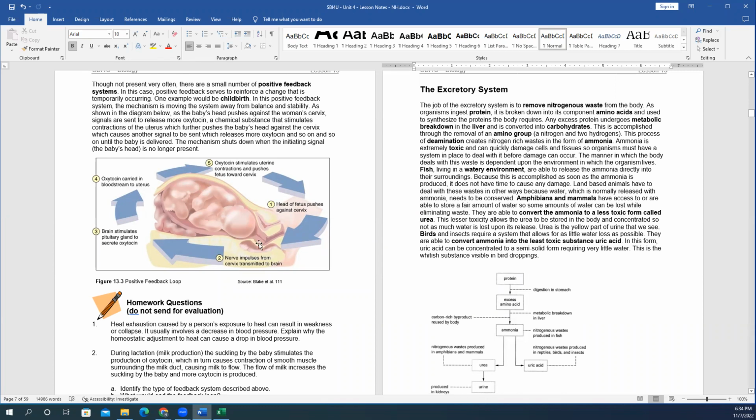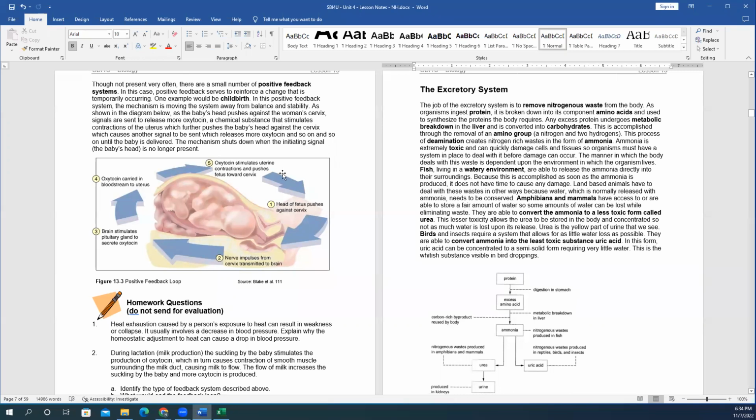And at that point, there's no longer that pressure and the signal from the head of the baby on the uterus, and the mechanism shuts down when this signal of the baby's head is no longer present.